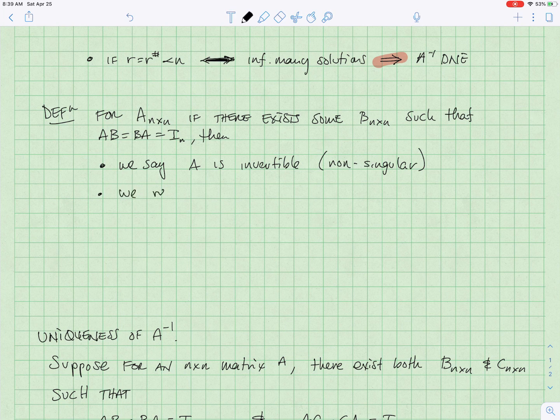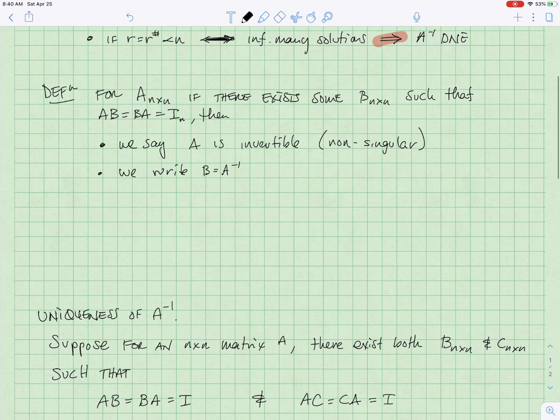We write B equals A inverse. And there you have it. So that's our little definition. Let me make sure I'm not leaving anything else out. Yep, we're good.